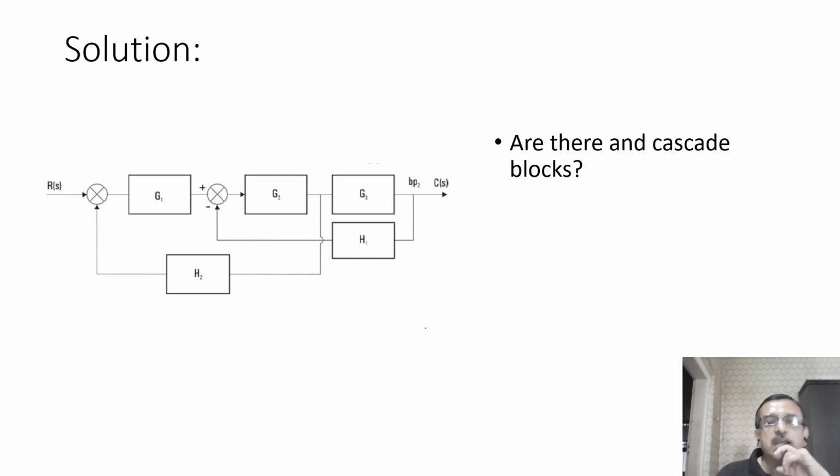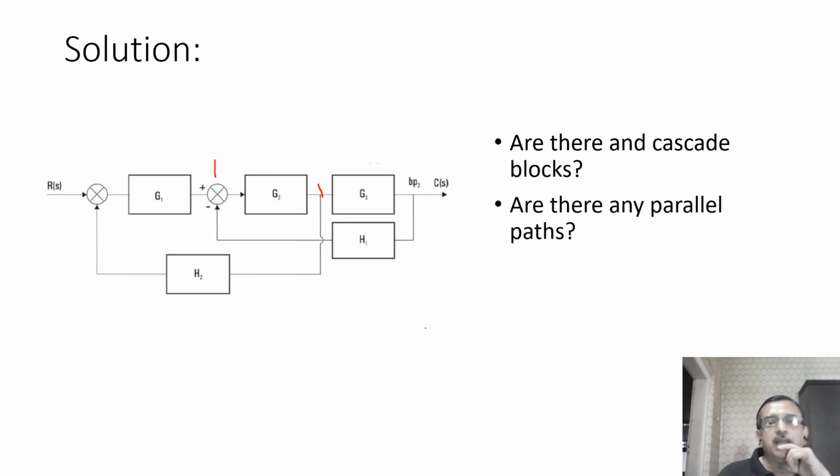G1, G2, G3 we cannot simplify as a cascade block. Why? Because there is a branching point here and there is a summing point here. Because of this, we cannot take it as a cascade block.